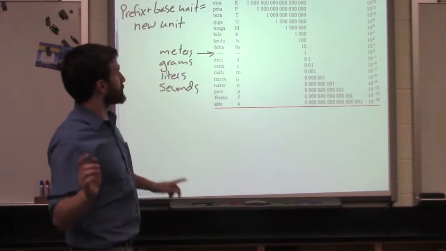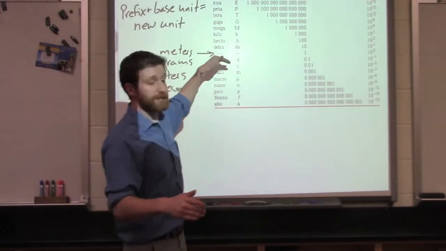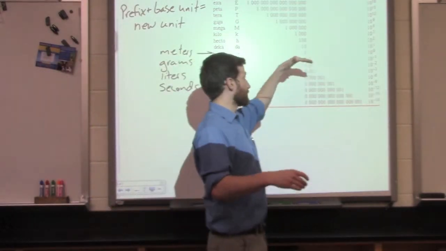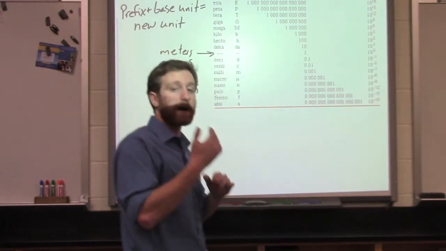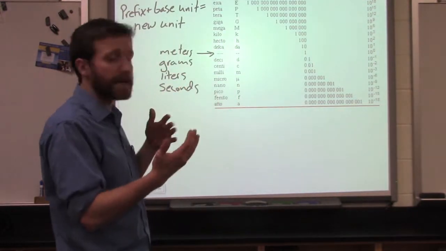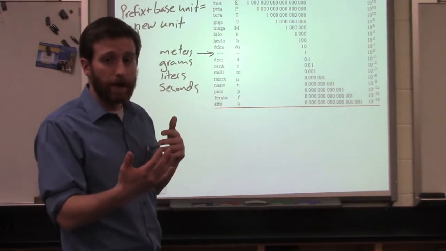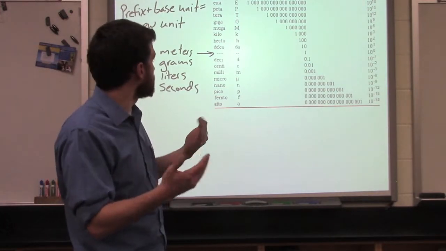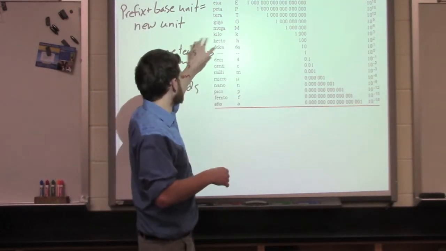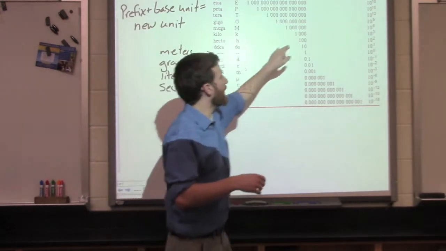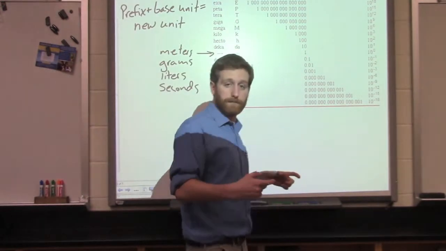So how might this work? Well, if we have just the base unit, then this figure is telling us we have one of that. But if I wanted to make a new unit by adding a prefix to it, then that new unit, for example, a kilometer, would be 1,000 of the base unit.